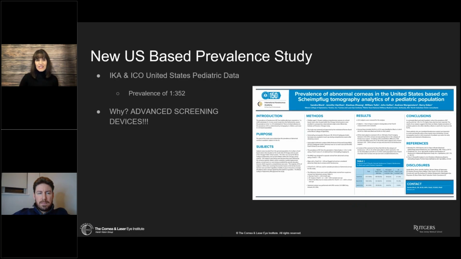So there's a great study that IKA and ICO has done, screening all children in an inner city population, showing a prevalence of 1 in 352. Now, why is this done and why is it so high? It's the method of screening.